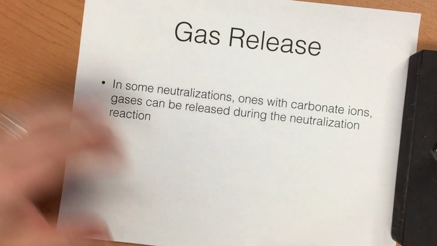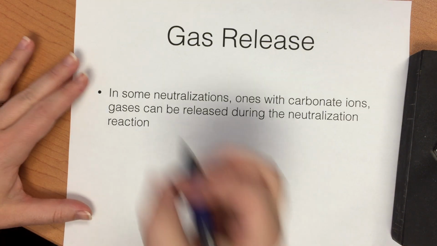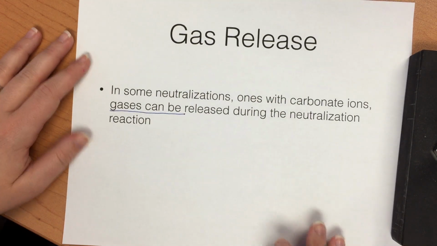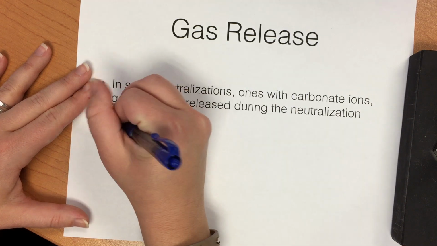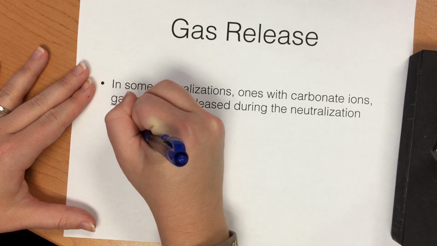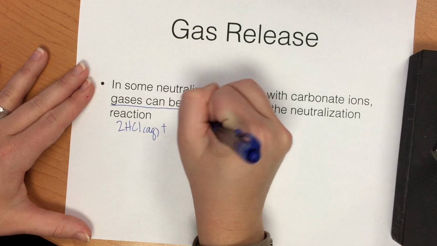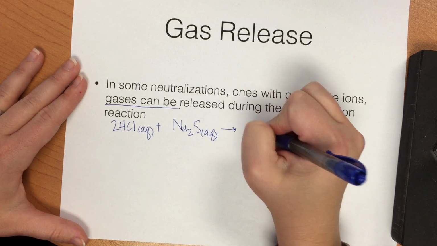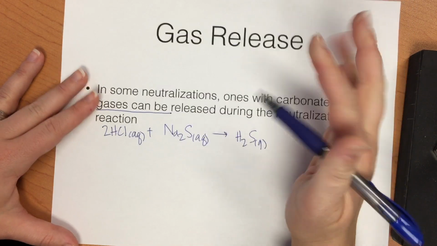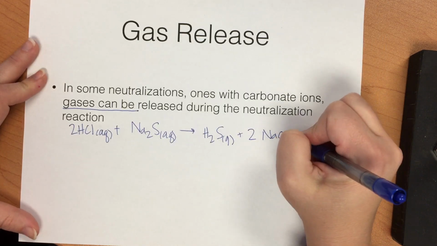Occasionally, instead of creating an acid-base neutralization where you form water, we will get one with carbonate ions, and those will release gases. And so during the neutralization reaction, if we were to have 2 HCl, aqueous, plus sodium sulfide, you would get H2S, which is a gas, plus 2 NaCl, which is aqueous.